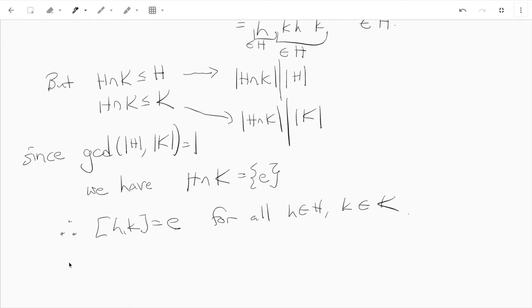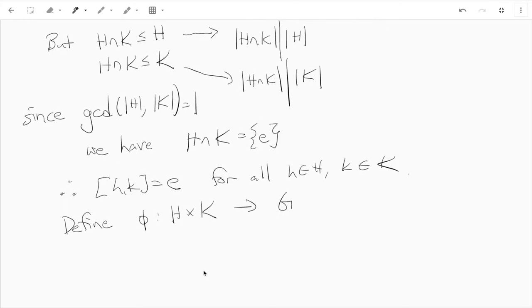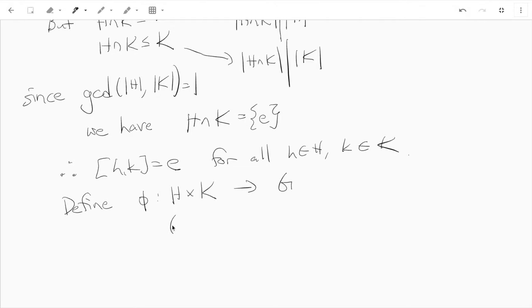So let's define phi from H times K to G. What does phi do? It takes (h, k), something in the Cartesian product, and just multiplies them together.